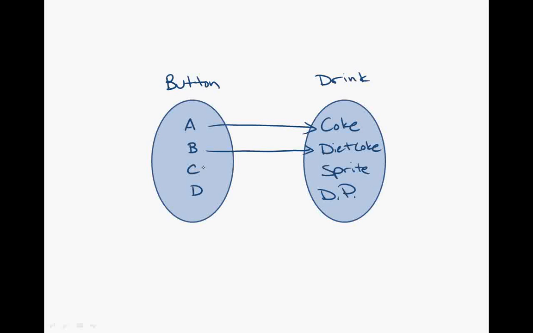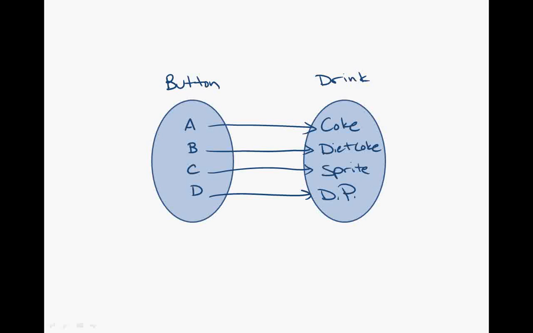Button B, you get a Diet Coke. Button C, you get a Sprite. And button D, you get a Dr. Pepper. When you go to that Coke machine and you press a button, you know exactly what drink you're going to get. That is a function, because the input has exactly one output paired with it.